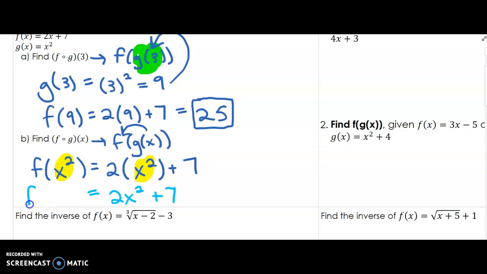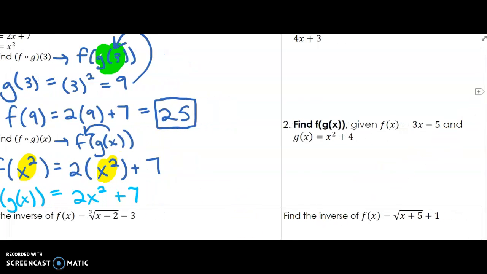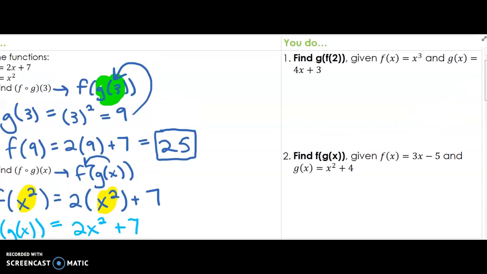And that is equal to f of g of x. And so those are the two primary examples we'll see: composite functions with a number that we're actually evaluating at, and composite functions where we are just looking at a variable. And so I'm going to go ahead and give you the time to try the two problems on the you do side of our notes.